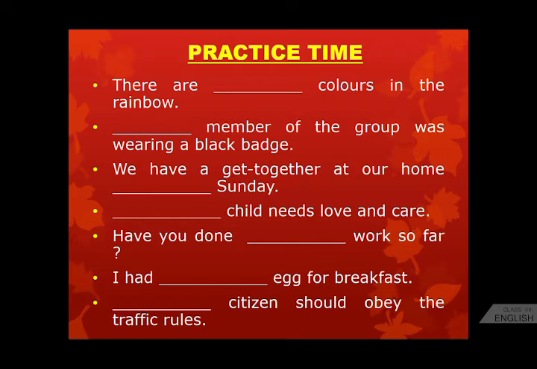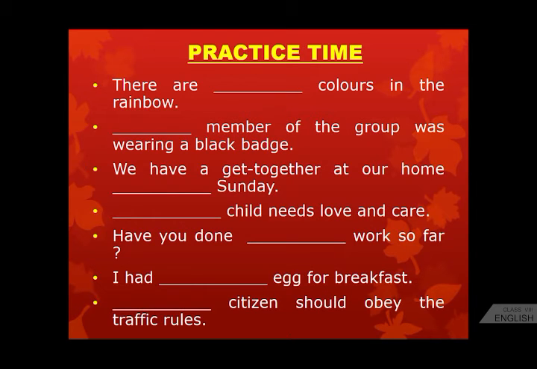Next, we have a get together at our home dash Sunday. Here the speaker is mentioning that a get together is going to be conducted at their home. Sunday indicates which Sunday? This Sunday.